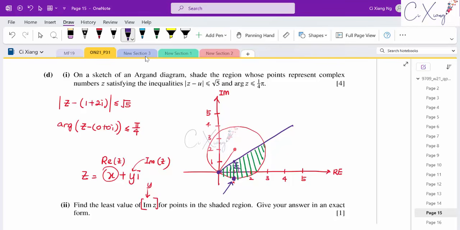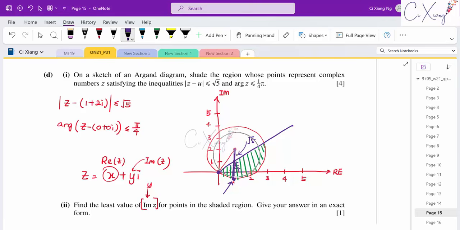So how can I get the value of this lowest point? Basically, you can see that this whole thing is 2 units. And in this circle, I know that the radius is square root 5, the length of the vertical line from the center.